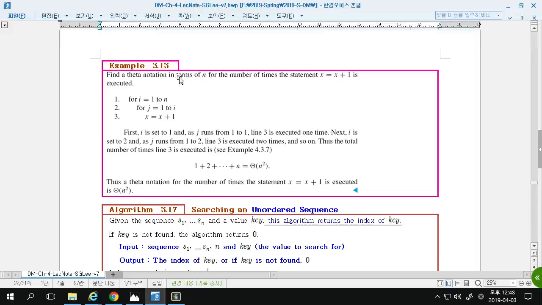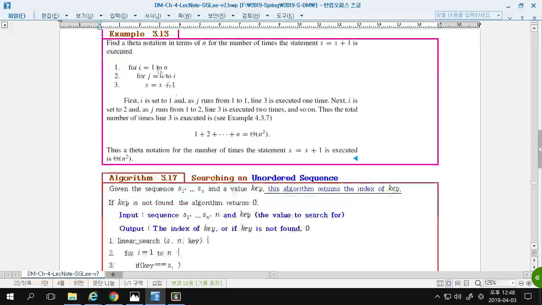Okay, find the theta notation in terms of n for the number of times the statement x equals x plus 1 is executed with this loop. First i is set to 1 and j runs from 1 to 1. Line 3 is executed one time, and next i is set to 2 and j runs from 1 to 2.